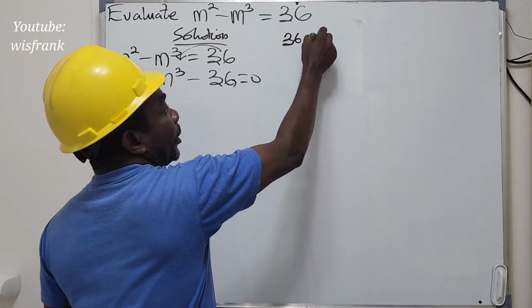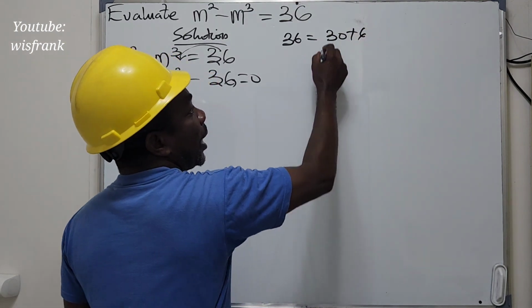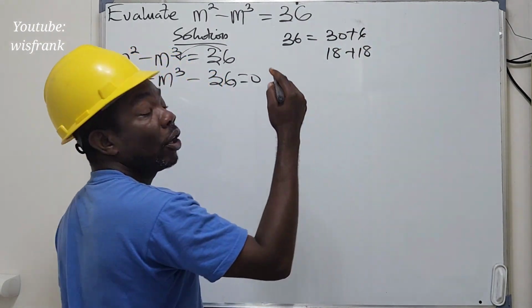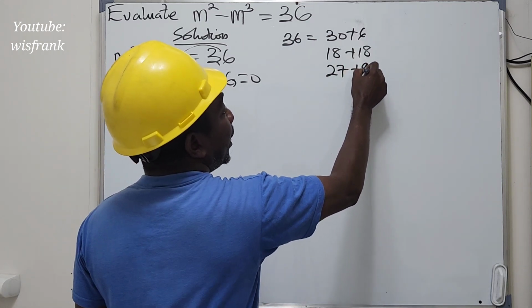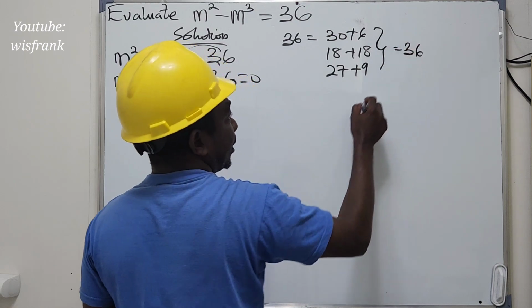36 can be written as 30 plus 6, and it can also be written as 18 plus 18, and it also can be written as 27 plus 9. This all equals 36.